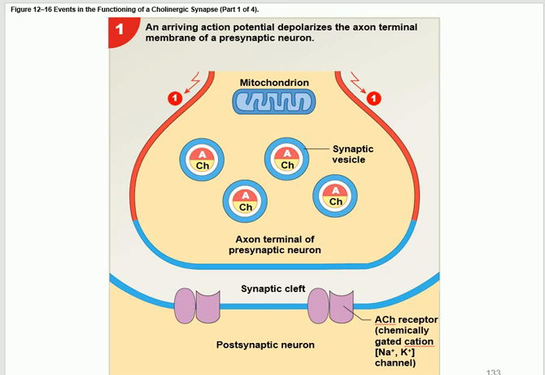What is the first step? Calcium moves in, pushing, not the sodium, the vesicles, the synaptic vesicles, pushing them to the gap here.